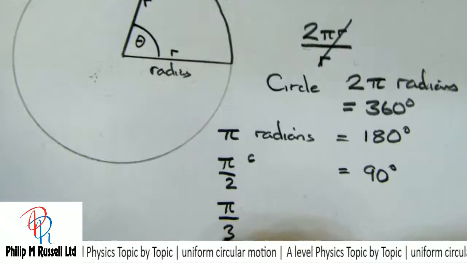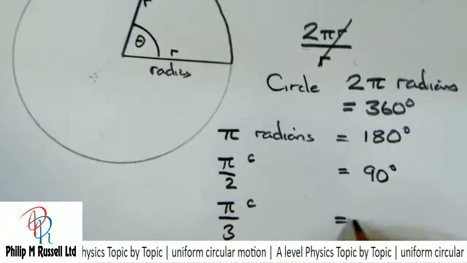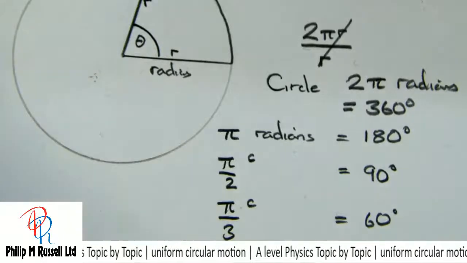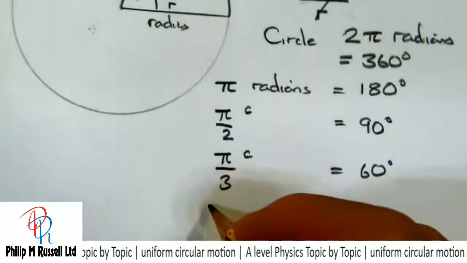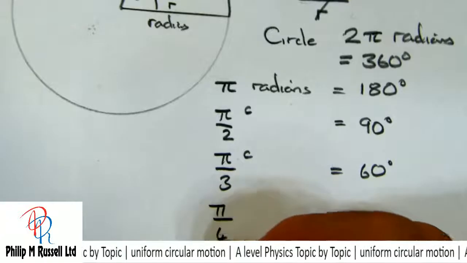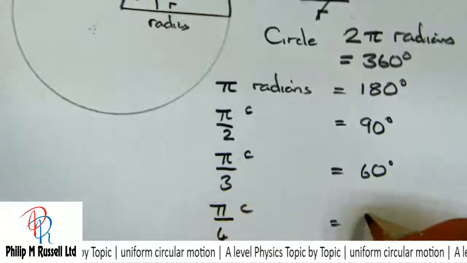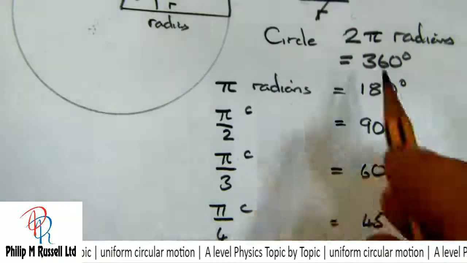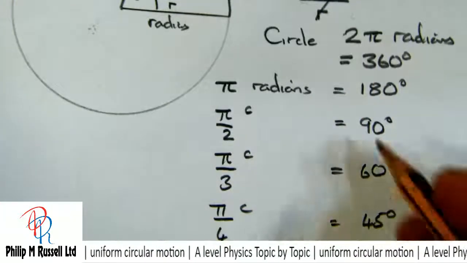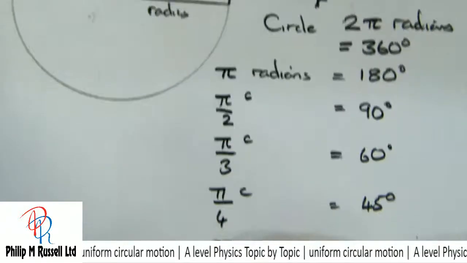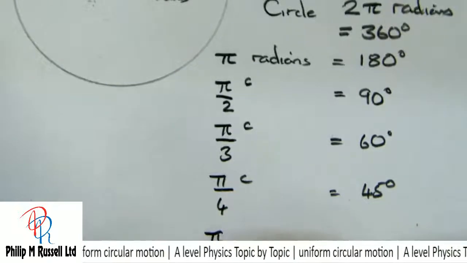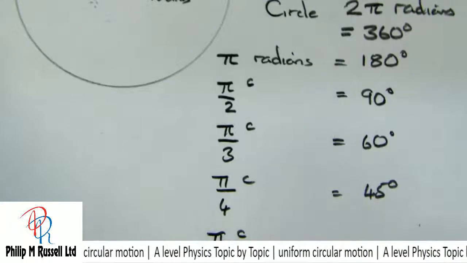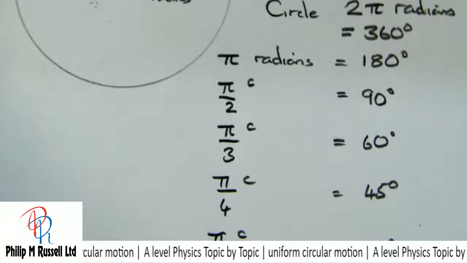Pi divided by 3 radians would be 60 degrees. Pi divided by 4 would be 45 degrees. So we've got lots of ways of doing things and measuring them out. I suppose the other useful one is pi divided by 6 radians would be 30 degrees.